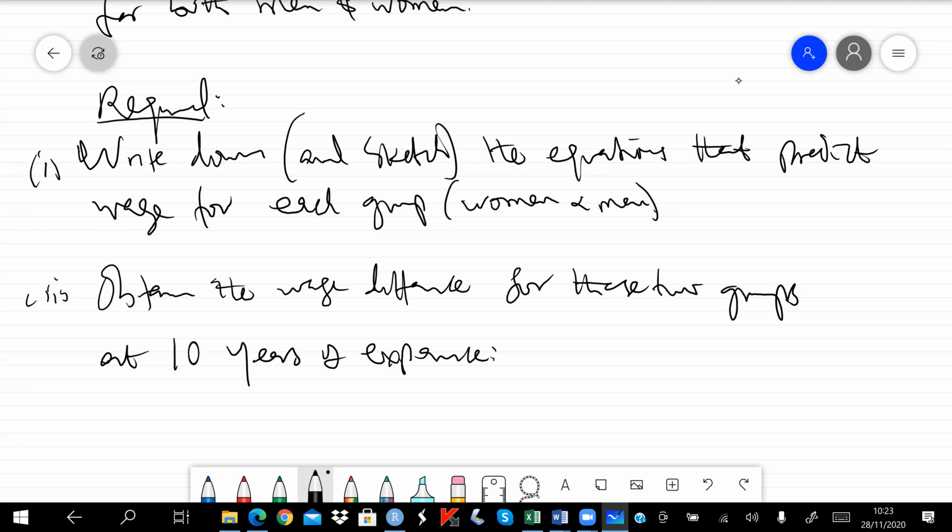That is you just estimate the wage for the females when experience is 10 years, and also the estimated wage for the males when experience is 10 years. You take the difference, or you obtain the difference between those 2. And that is basically it for today. That is what we needed to cover today. Any question?